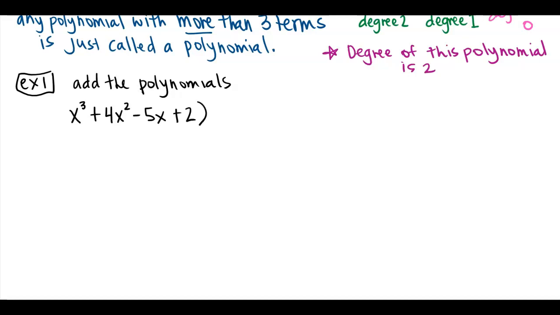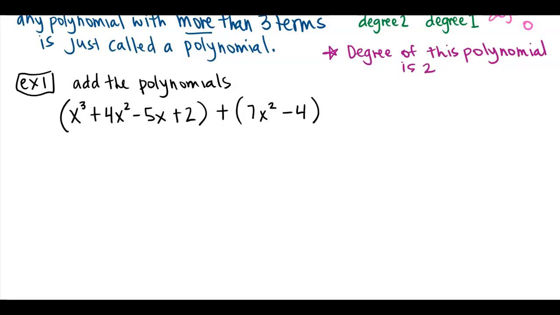All right, so this whole polynomial I want you to add to 7x squared minus 4.